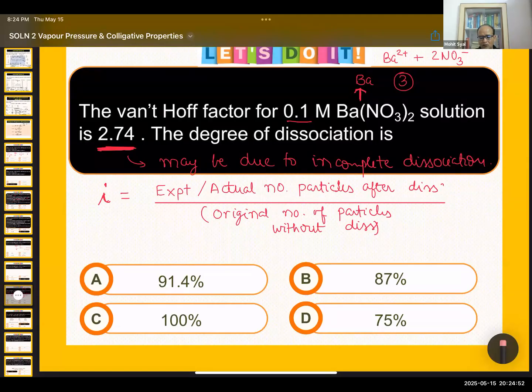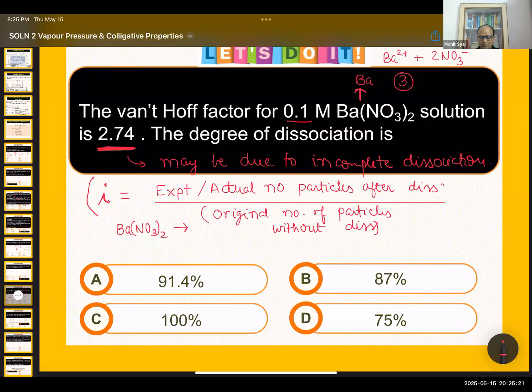So how should I attempt this problem? Ibrahim, can you help me out? Yes, sir. Just a second. Let me just see how I did it, because I closed my book here. How to do this problem? I have written the formula for I. I is actual number of particles after dissociation divided by original number of particles.